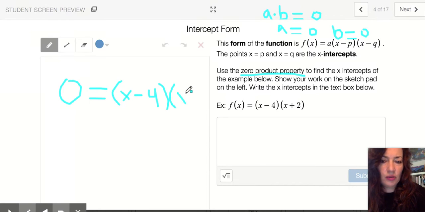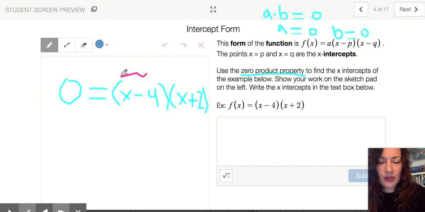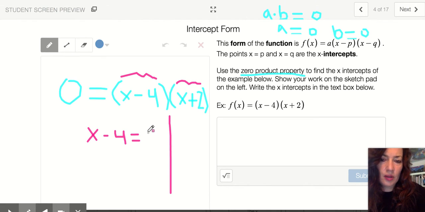Using the zero product property, the only way this is true is if one of our binomials is zero: either x minus 4 equals 0 or x plus 2 equals 0.